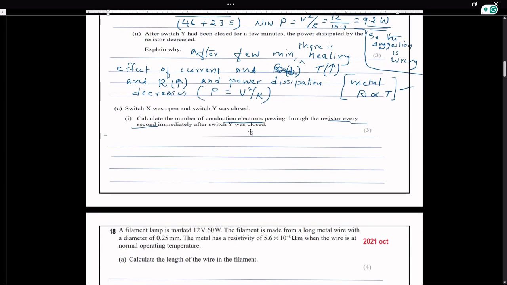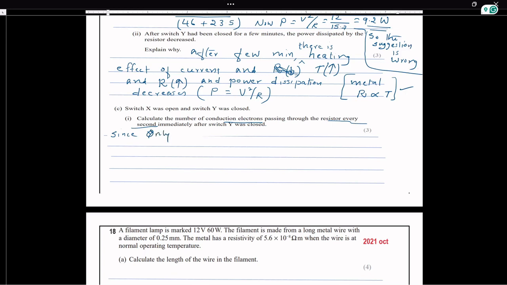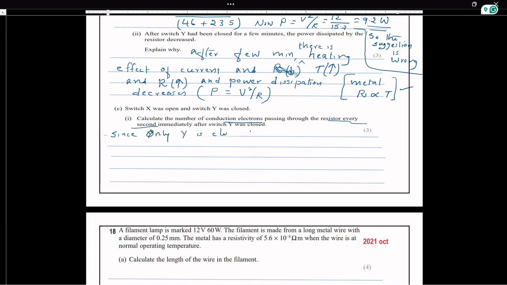So let us start writing the answer. Since only Y is closed, we have only one resistor.